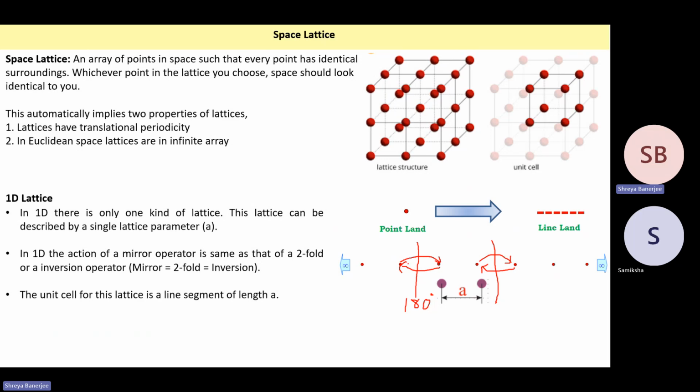So in between two points in the one-dimensional lattice, you have a rotational axis of symmetry, and you also have an inversion center, that is I. You can move from one point to I and then an equal distance on the other side, and you will get the same point. So this is the symmetry involved with a one-dimensional lattice.